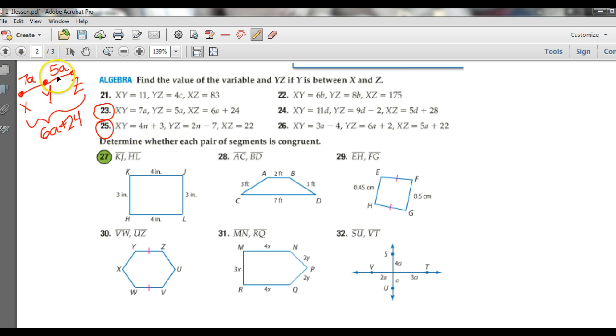Okay, so from this diagram we can set up an equation where 7a plus 5a has to equal xz, where xz is 6a plus 24. So combine your like terms here. Subtract 6a from both sides.